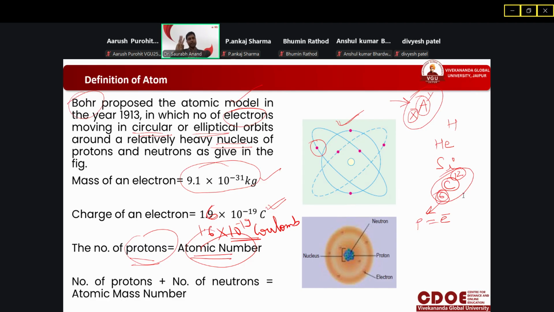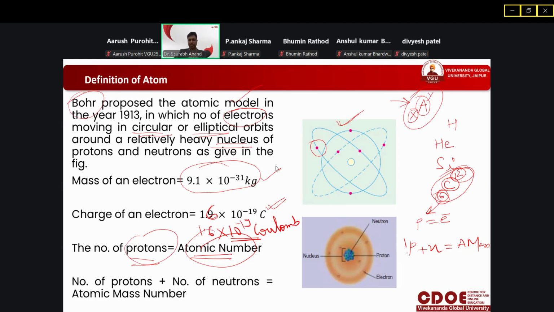So three values are the same: number of protons, number of electrons, and atomic number. If you have any one, then you know the others will also be this. And what about atomic mass? Proton plus neutron is equal to atomic mass, right?